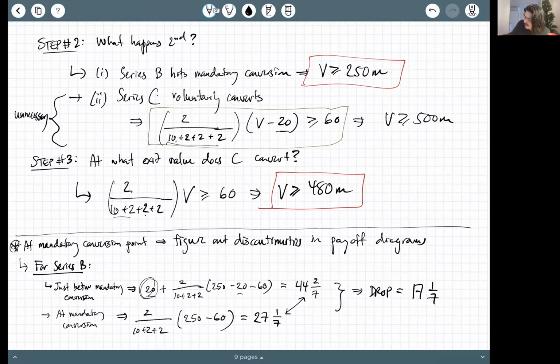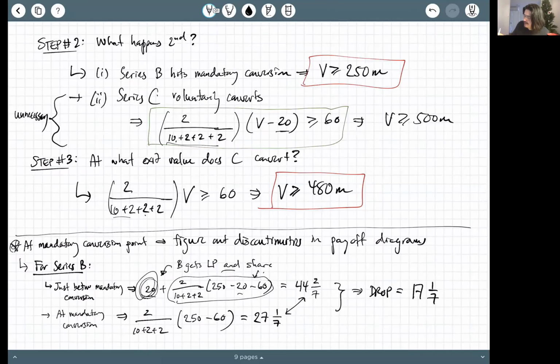Because here, B gets liquidation preference and shares, where the shares was this, right? This is adding up both things that Series B is getting when they get to participate, right?